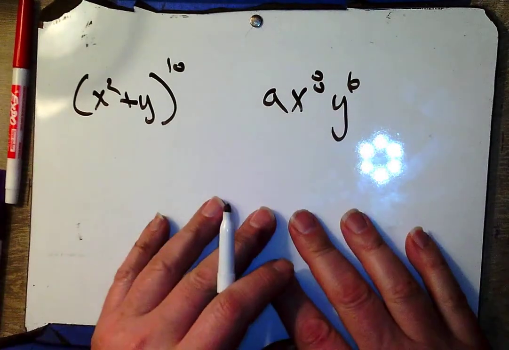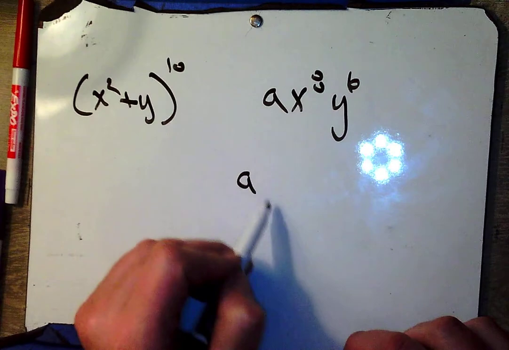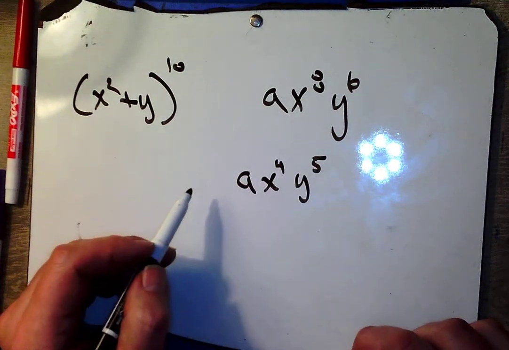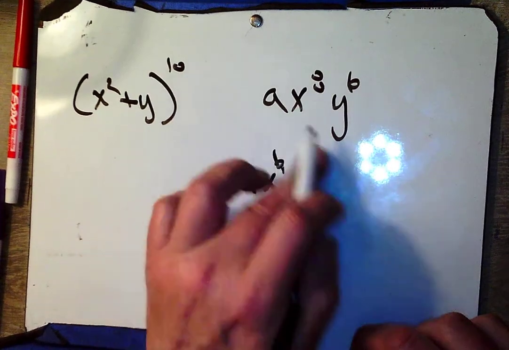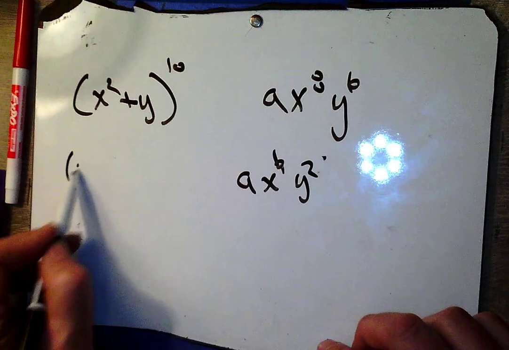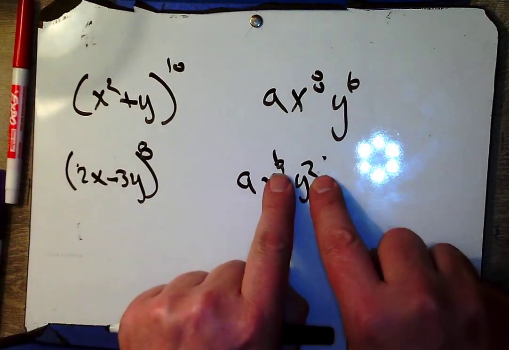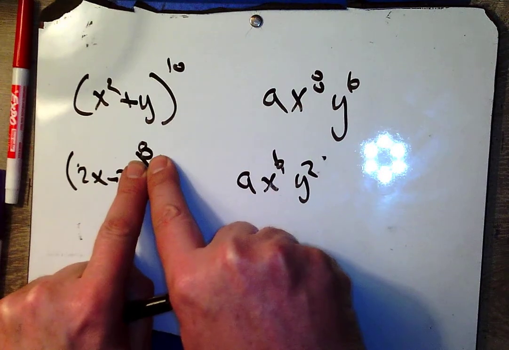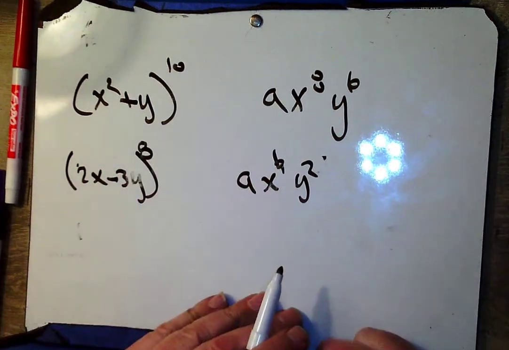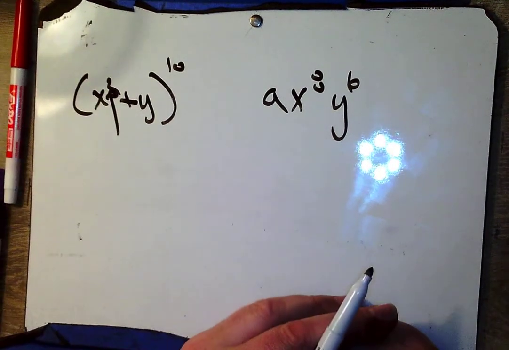Now, I think this is a little different because in the other ones that we looked at, for example, this last one, x to the 6th, y to the 2nd, and over here, we had 2x minus 3y to the 8th. And we said, these powers add up to that. Well, these powers don't add up to that. How come?